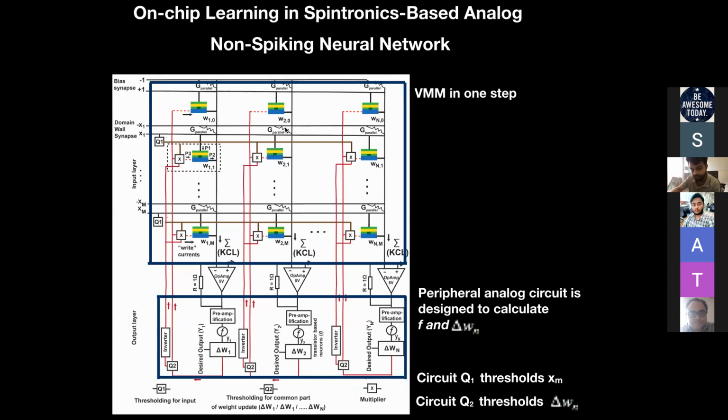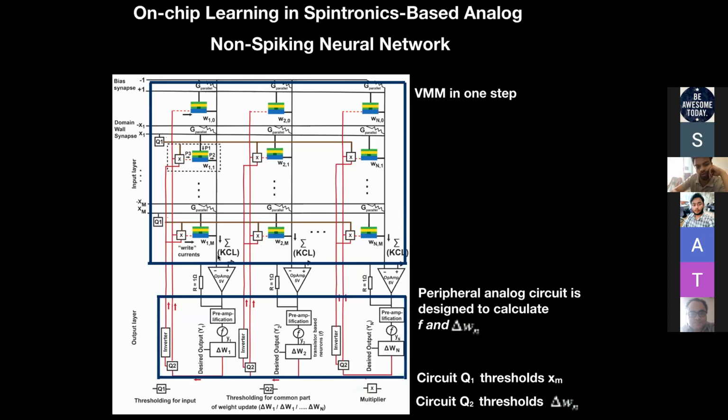Now on the SPICE simulator we run this simulation, and you are applying the inputs at your horizontal bars, and you are reading the outputs at your vertical bars, isn't it? Okay.